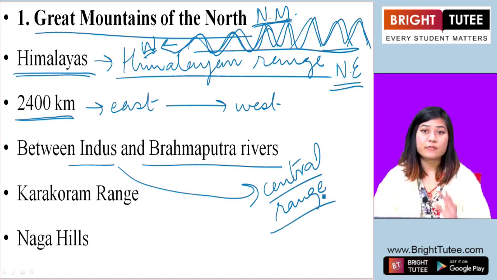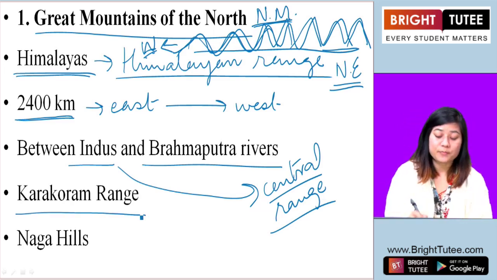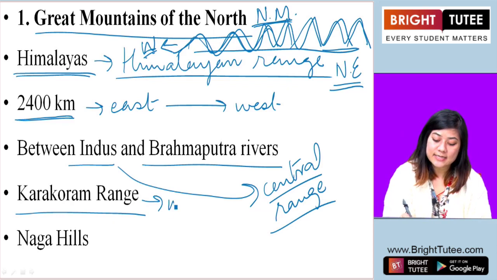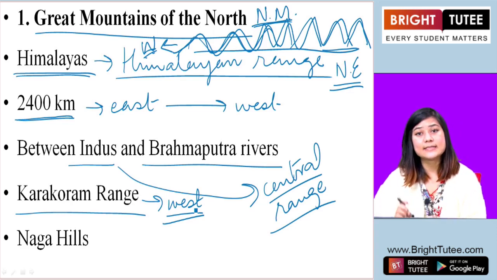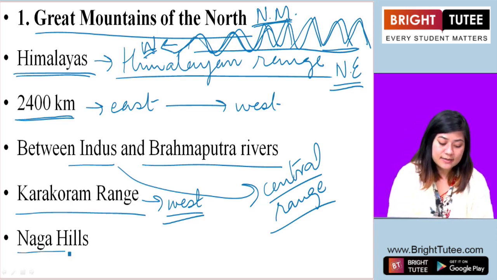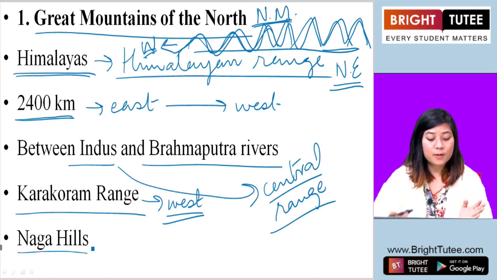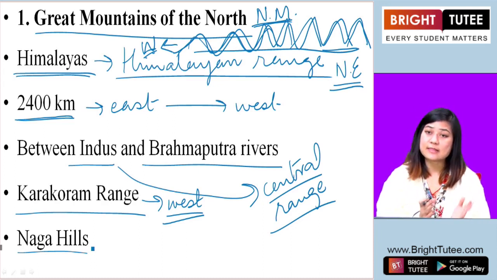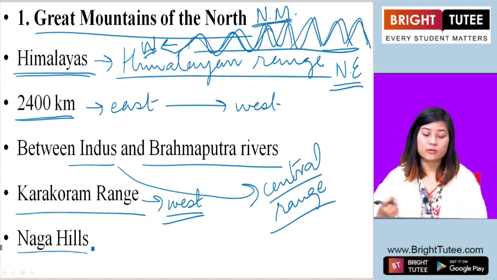And the range that lies to the west is the Karakoram range, and the one that lies to the east is the Naga Hills. Alright, so we can see how the vast Himalayan range extends from the Karakoram range in the west to the Naga Hills in the east. Okay.